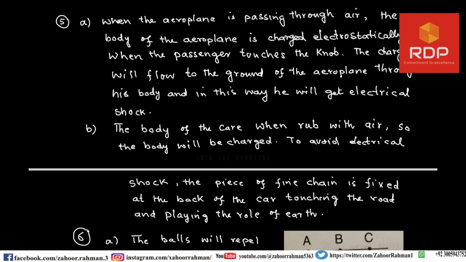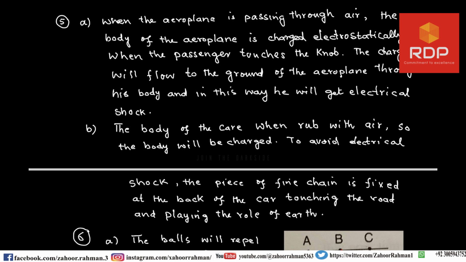Now, when the aeroplane is passing through air, the body of the aeroplane is charged electrostatically by rubbing between the surface of the aeroplane and the air particles. When the passenger touches the knob, the charge will flow to the ground of the aeroplane through his body, and in this way he will get an electrical shock.